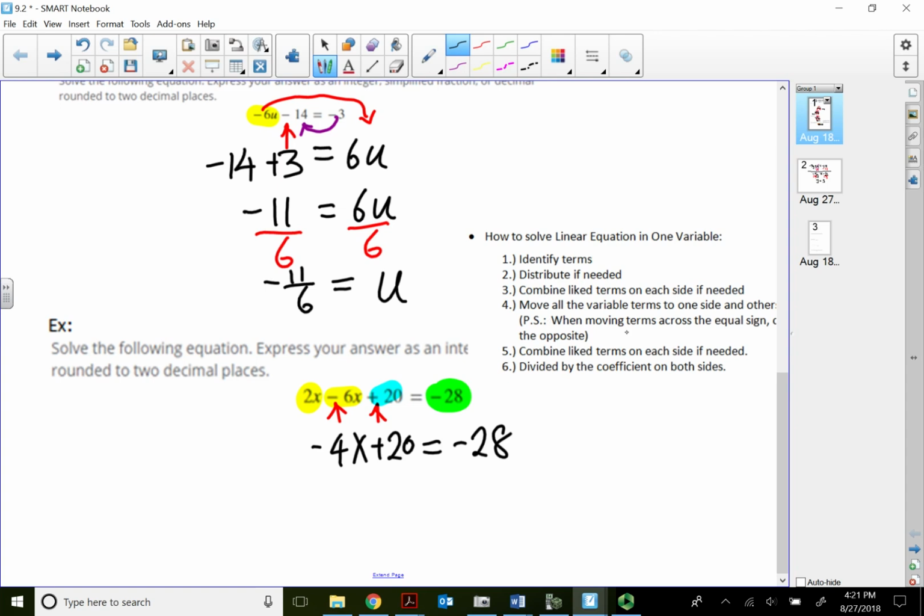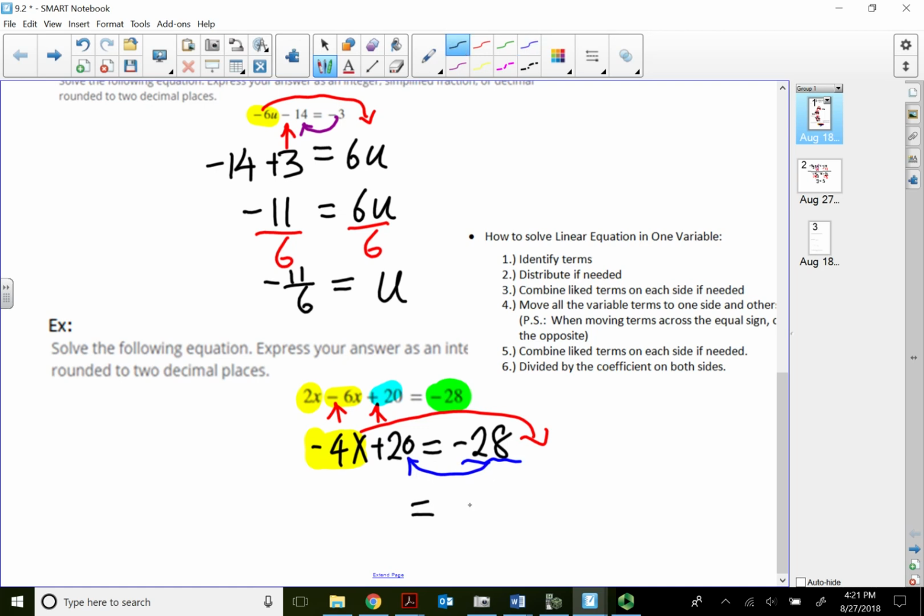Before you move any terms, find your variable term, okay? Negative 4x is the only variable term I got in this equation now. Since it's negative, what I can do is move it over. So if I want my x's on the right, that means everybody else needs to go to the left.